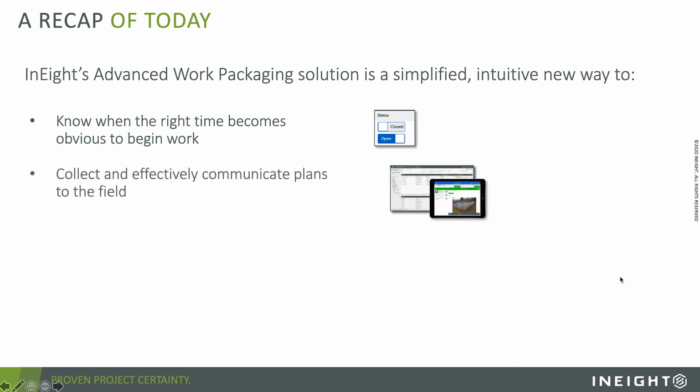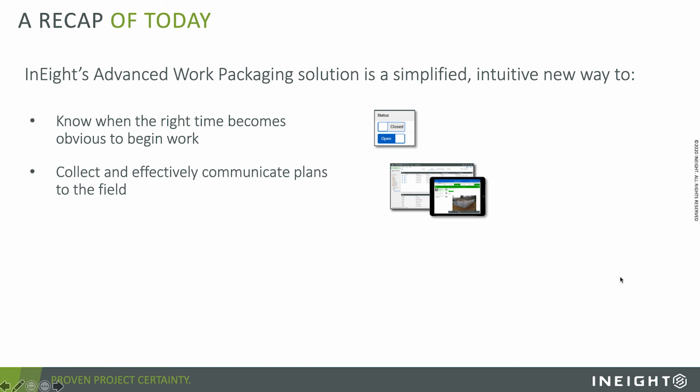It gives you a simplified way to collect all the planning that you've done up front and communicate that to the field, and communicate it in a way that they understand, using mobility, using the user interfaces that they are accustomed to, and allowing them to do things like take pictures and provide feedback with all of the power of those mobile devices.